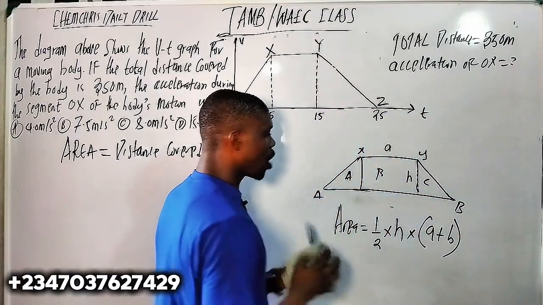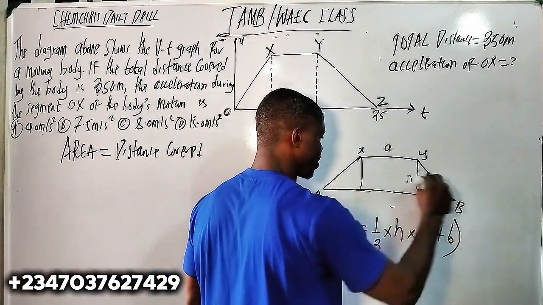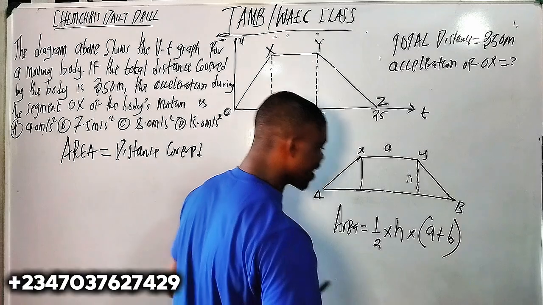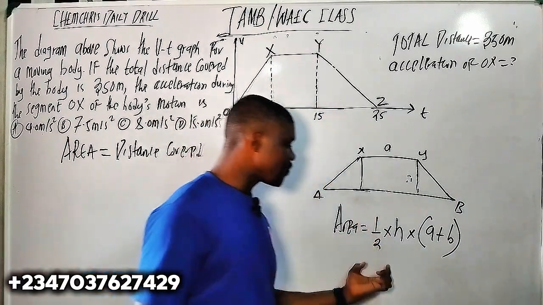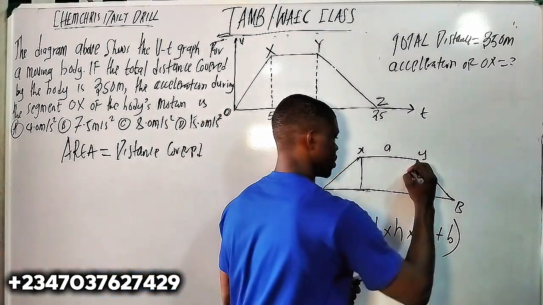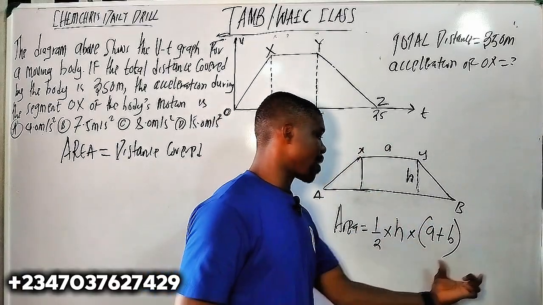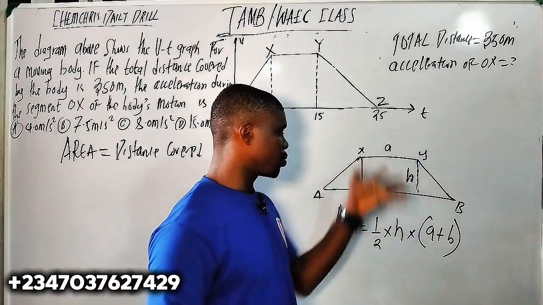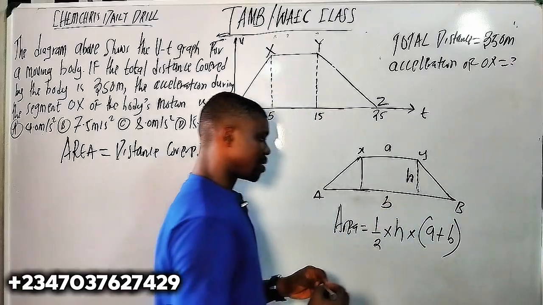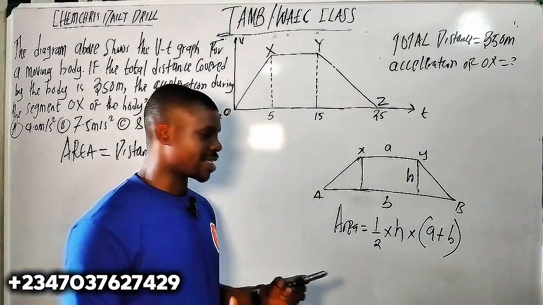We are looking at the area of a trapezium: half times the height times the sum of the two sides.